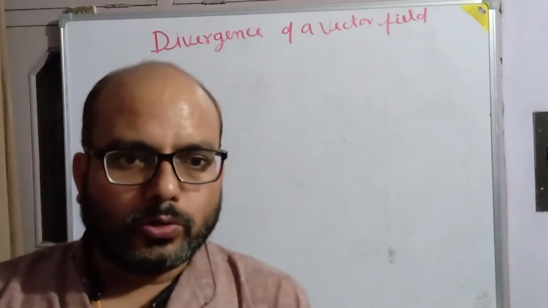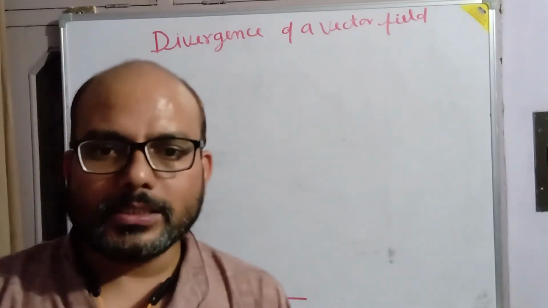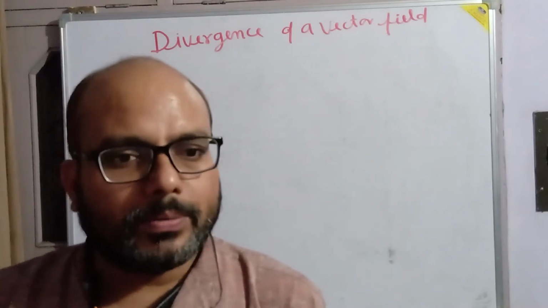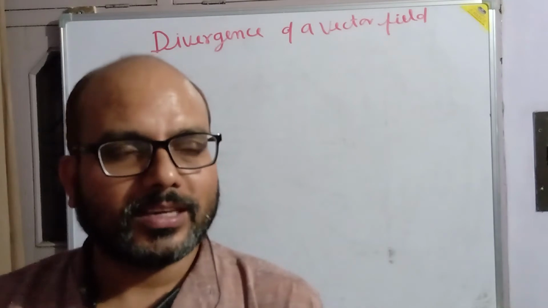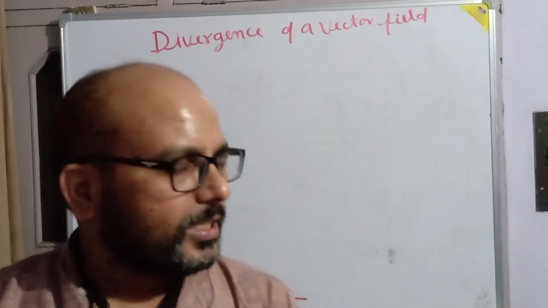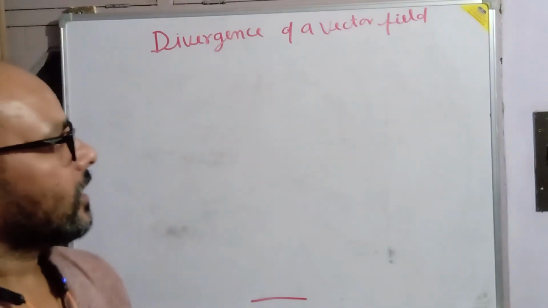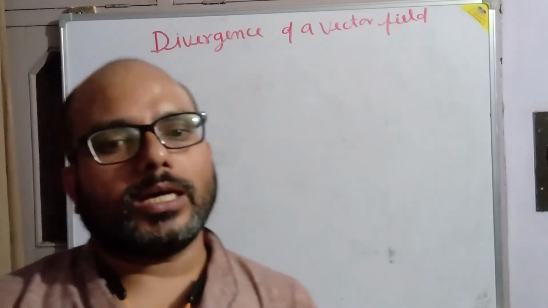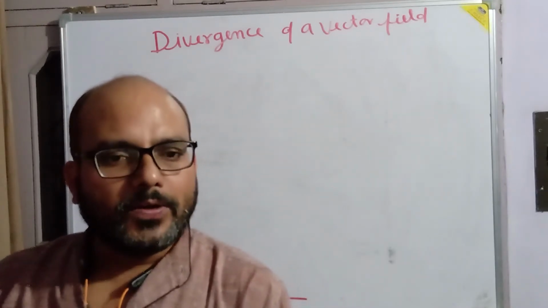Now I am talking about the divergence. What is divergence? Everybody knows convergence and divergence of lenses in optics. Here, divergence is related to the electric field, magnetic field, or any vector field.